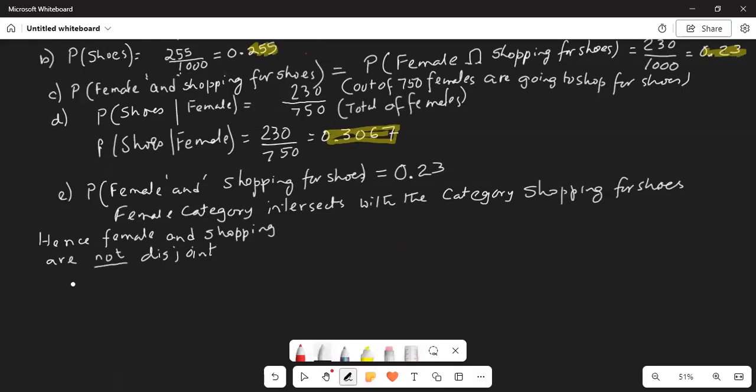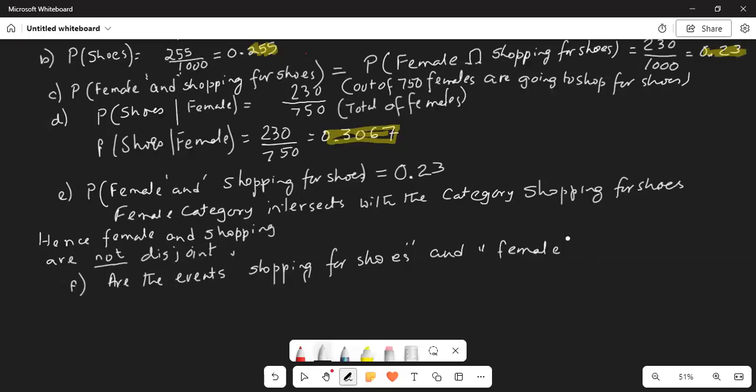So the question is, are the events shopping for shoes and female independent? Are these two categories independent?